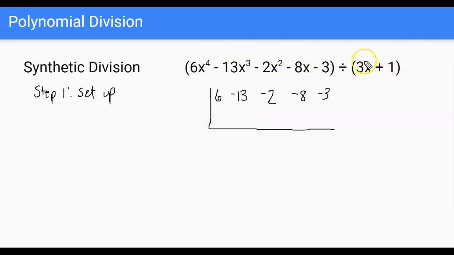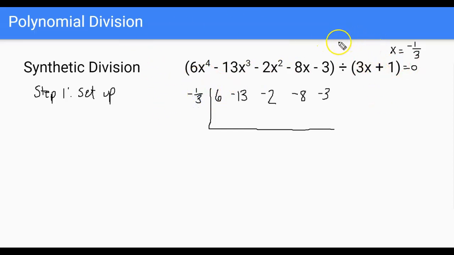But here I notice there's a 3 in front of the x. So that means that I want to figure out where this is equal to 0. So it is going to be negative 1, and then I have to divide by the 3. So x is equal to negative 1/3. So what I'm going to put out here is negative 1/3.